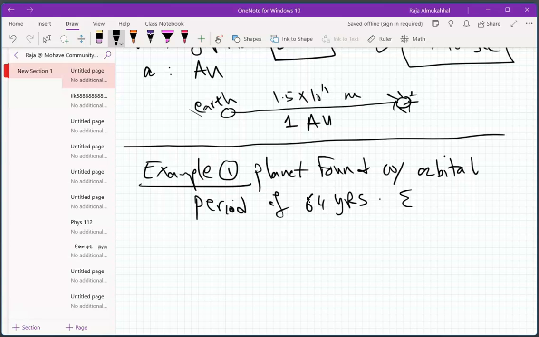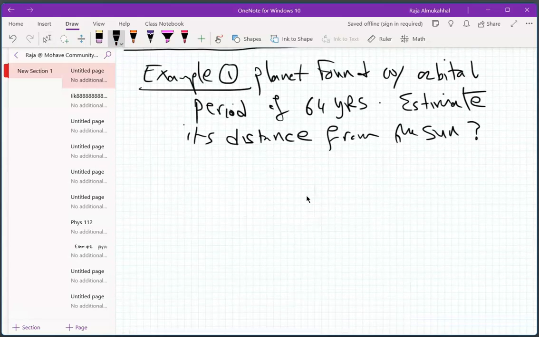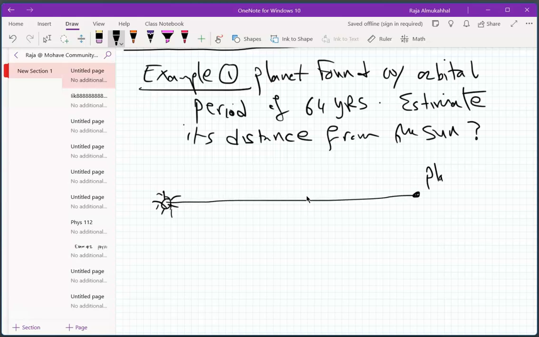Now it says estimate its distance from the Sun. Okay, so we have a planet. So what that means, here is the Sun, and we are observing it from our Earth, and we notice there is a planet right there. This is the planet.